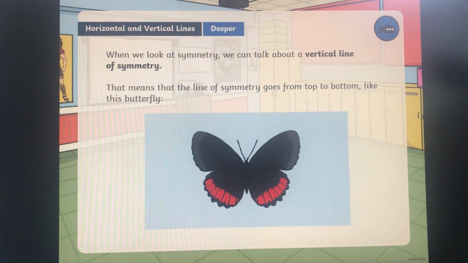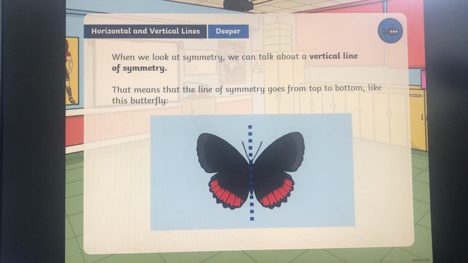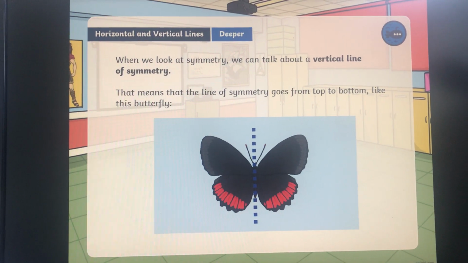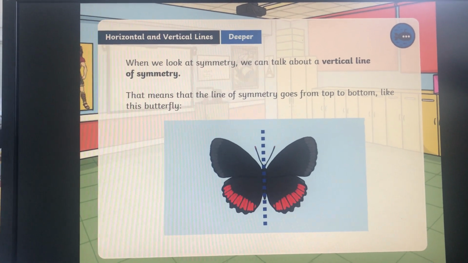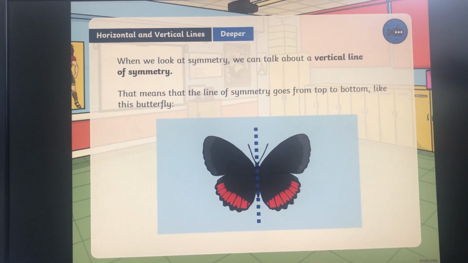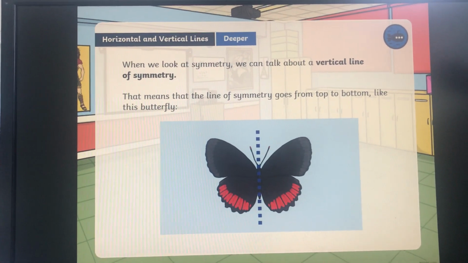So, for example, in this butterfly here, we have a vertical line of symmetry because in order for each half of the shape to be symmetrical, so looking exactly the same on either side, the line of symmetry has to go vertically.